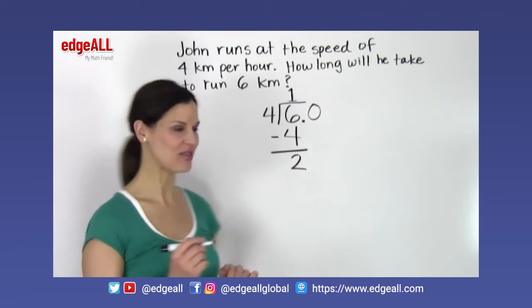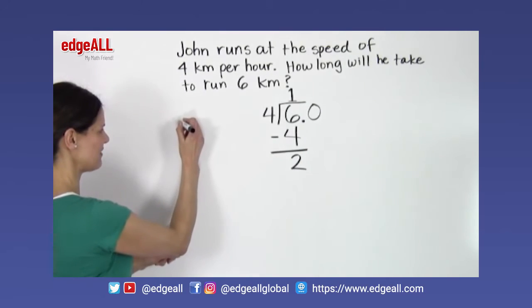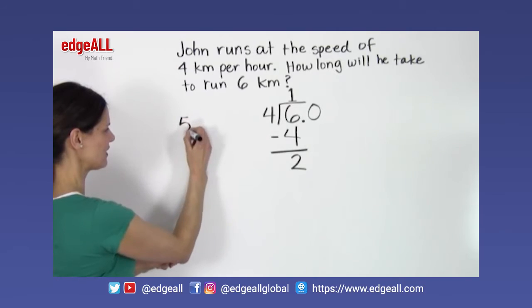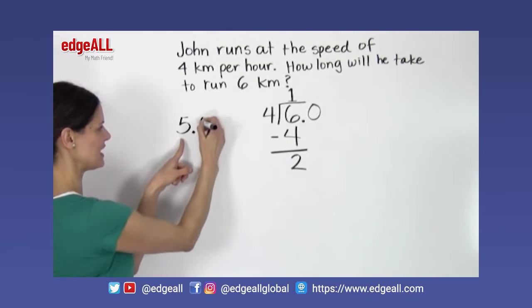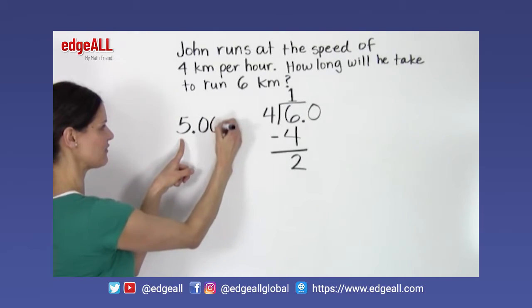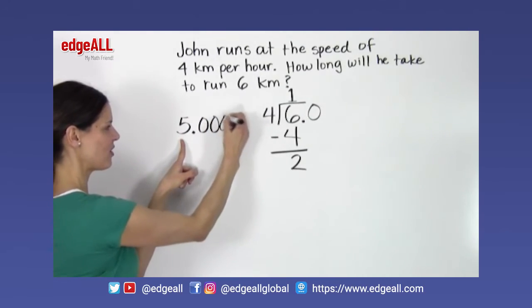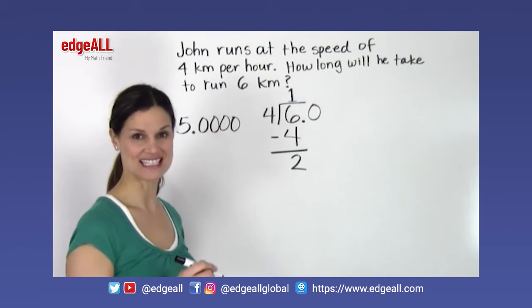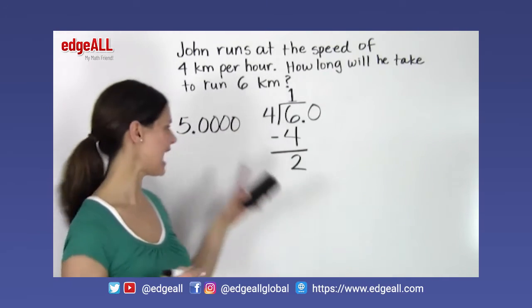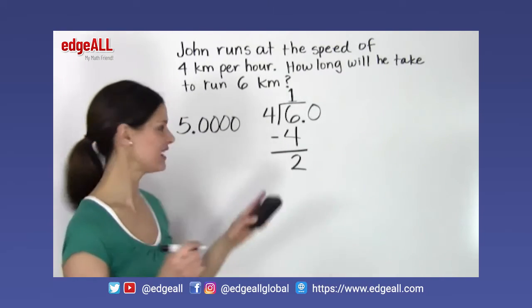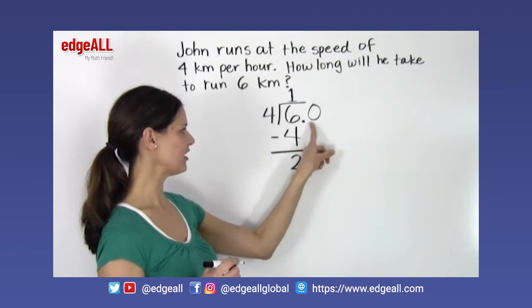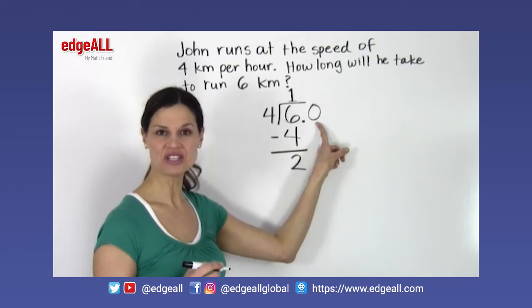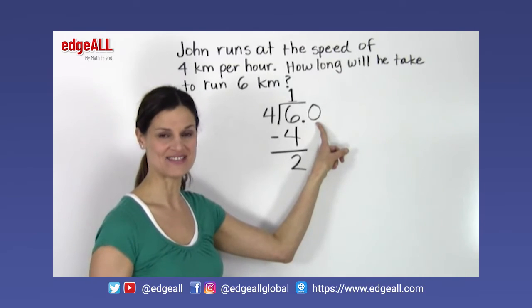Because we know that any whole number, even say like the number 5, is the same as if I put a decimal after it and put 5.0 or even 5.00 or however many zeros I wanted to add to the end, it still would have a value of 5. And so I can add a 0 here after the decimal point without changing the value of my dividend.